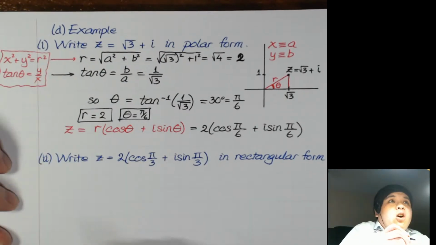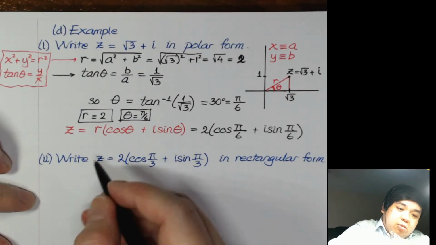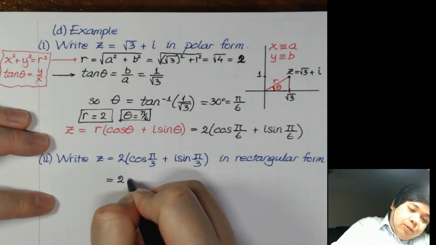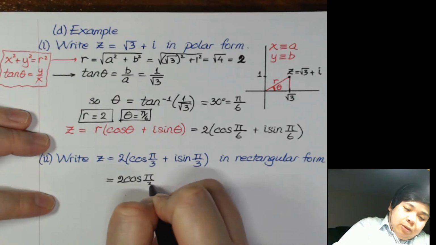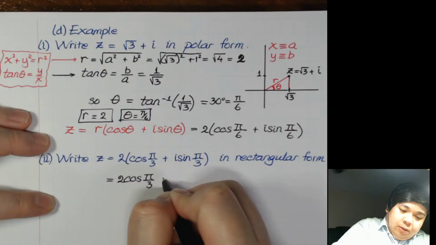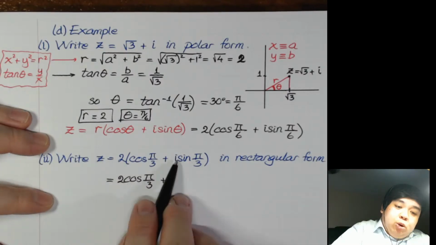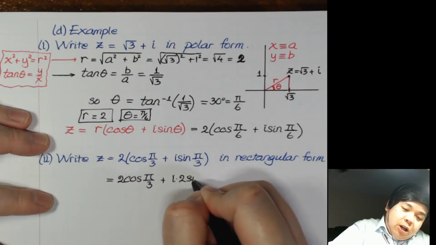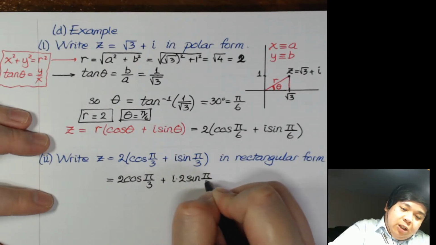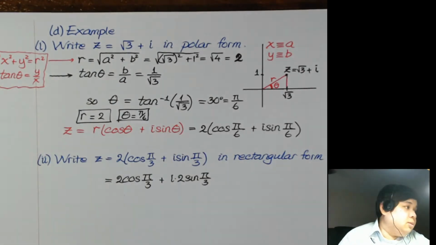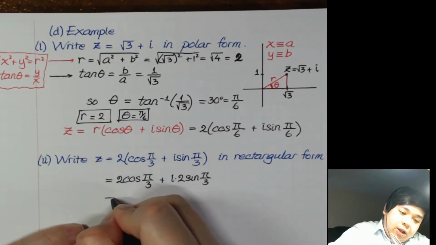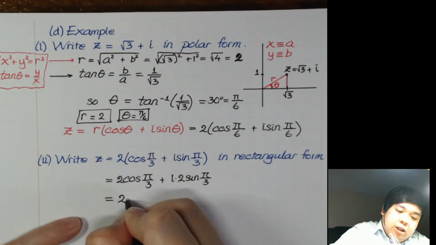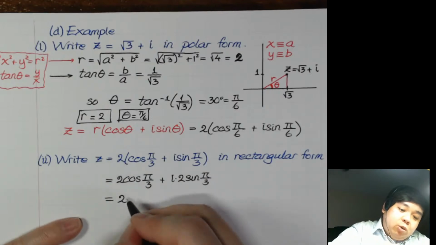For this, it will be a lot easier. We just multiply and distribute the 2. And then we multiply the 2 into that. I'm going to put the 2 right after the i, so i times 2 sine of pi over 3. Cosine of pi over 3 is 1/2.